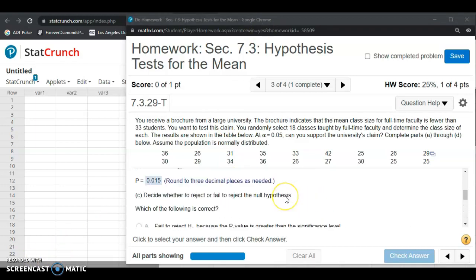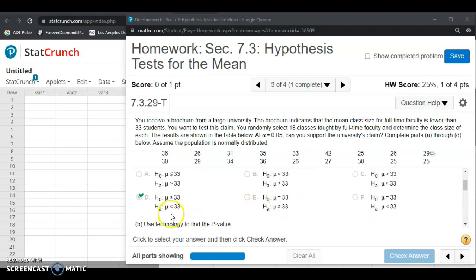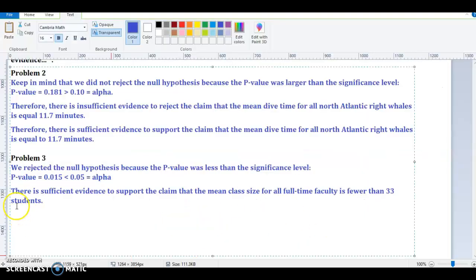Remember that the claim in this problem is the alternative hypothesis, rather than the null hypothesis like it was in the previous example from the previous video. We also rejected the null hypothesis because the p-value was less than the significance level.